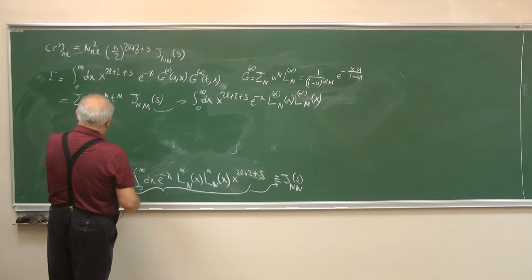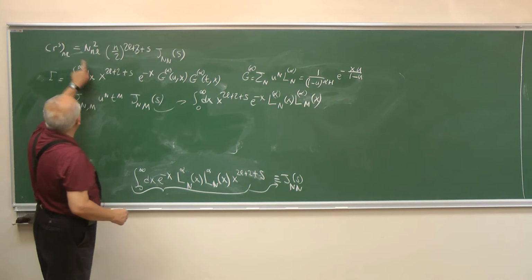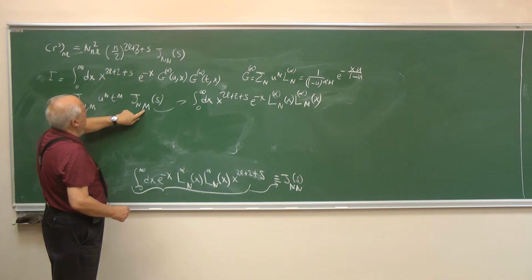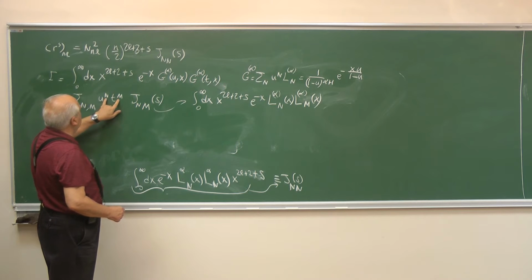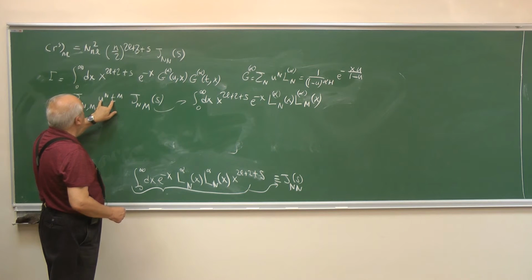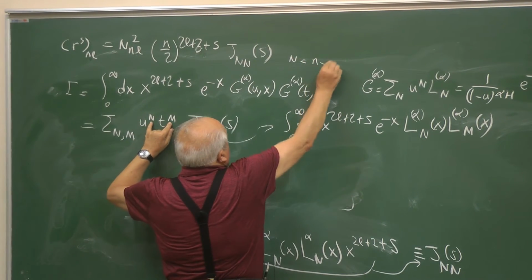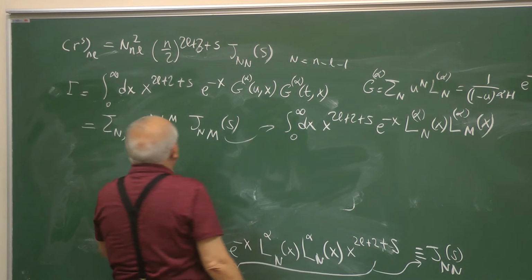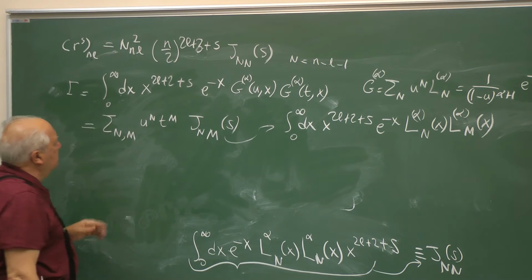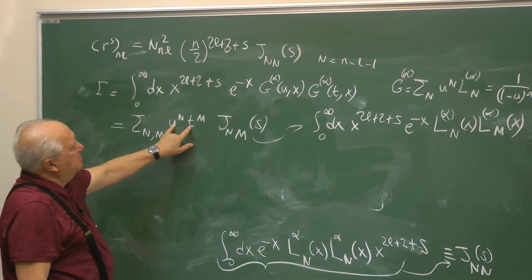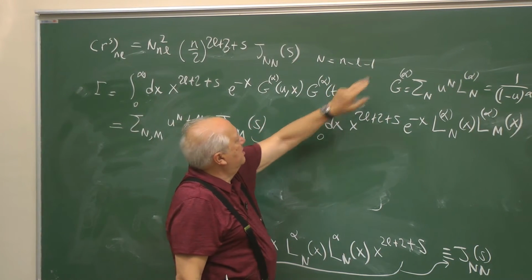Now, however, for the expectation values, we don't need the general form. We only need the equal powers of u and t, and the power should be n equals n minus l minus 1. So we will find the power of ut raised to the power n minus l minus 1.